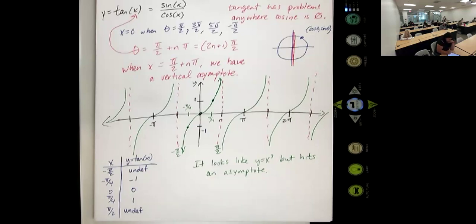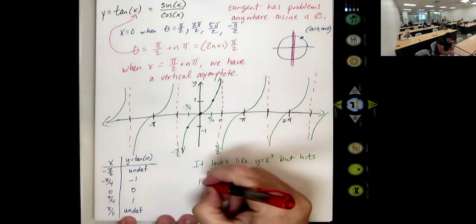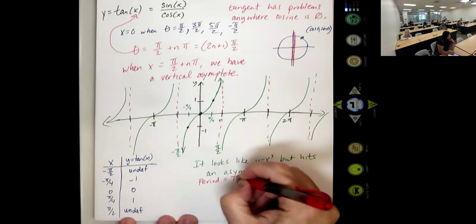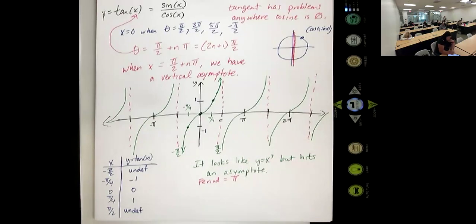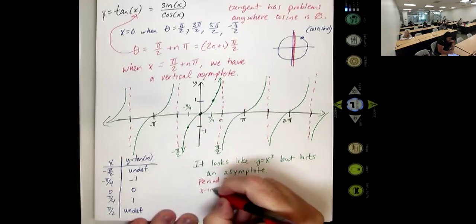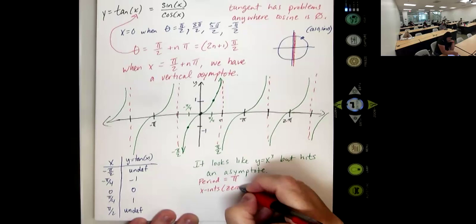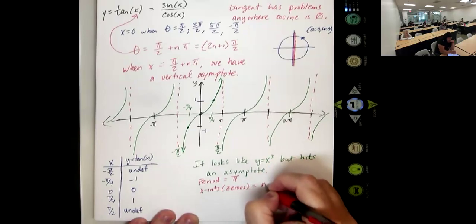What does the period look like here? How often does it repeat? The period repeats every pi, doesn't it? Our x-intercepts or zeros occur at multiples of pi, so n pi.